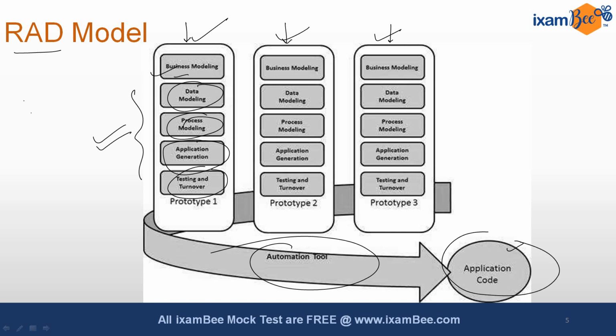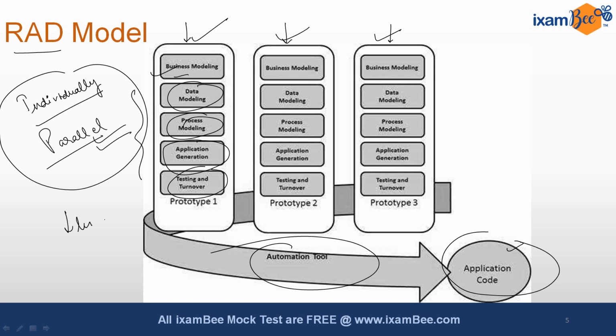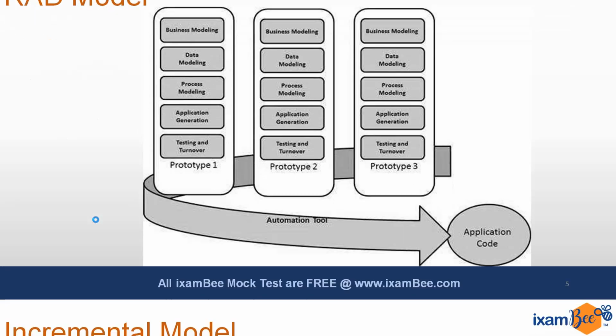So here the prototypes can be developed individually and in parallel, and the execution, maintenance and coding of every prototype can also be done in parallel. This will actually reduce the time taken to develop. So we have to identify the modular components and develop those modular components.